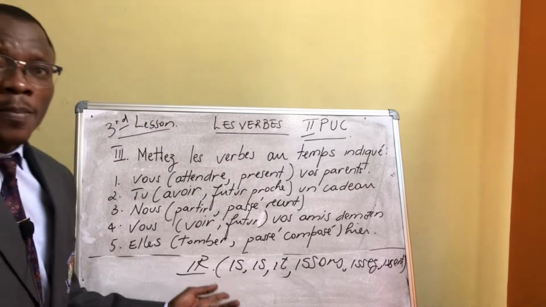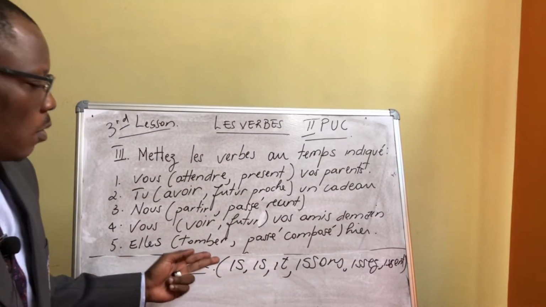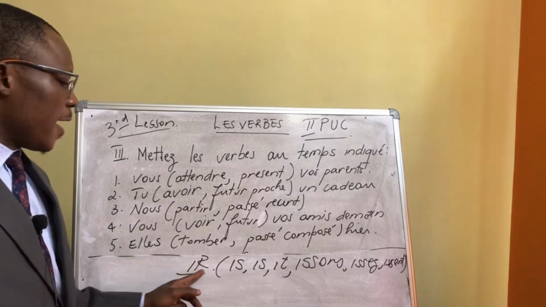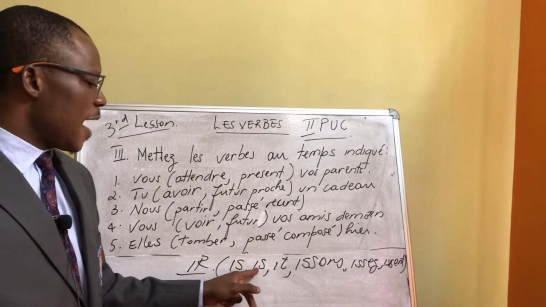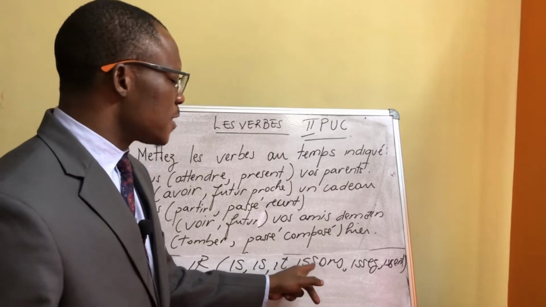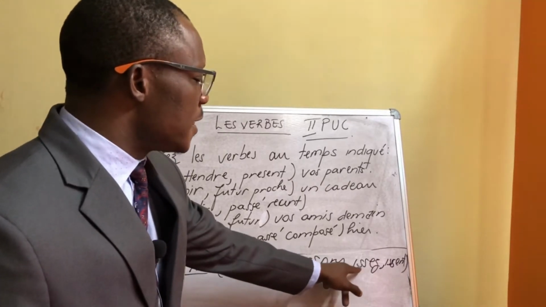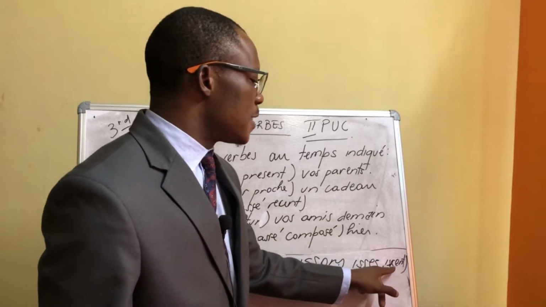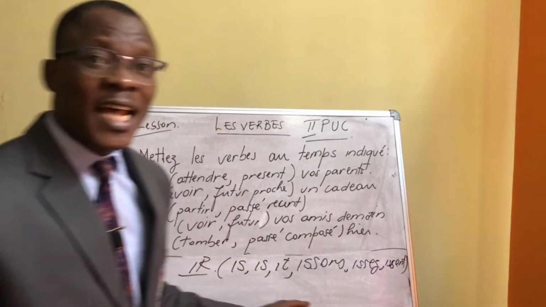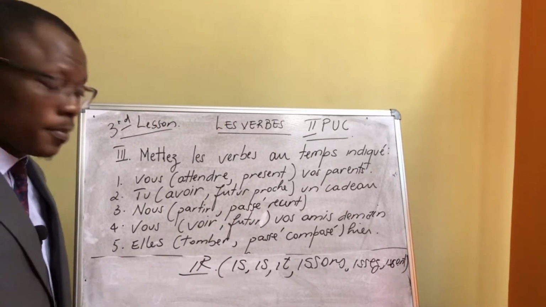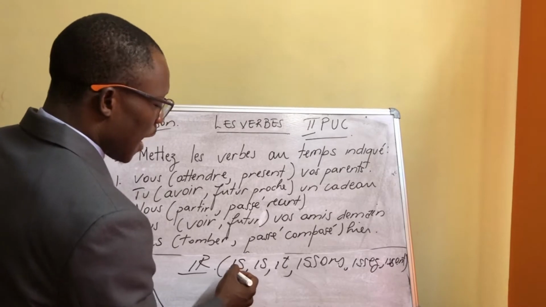That means we will remove the ending part, which is IR, then add IS, IS, IT, ISSONS, ISSEZ, ISSENT. But some few verbs of this type may not end with I like this.